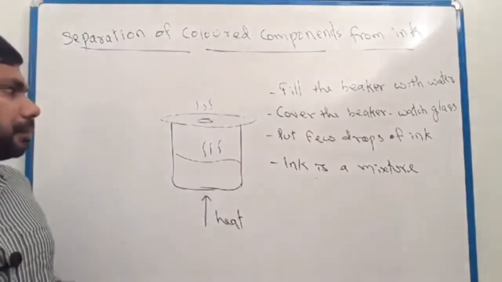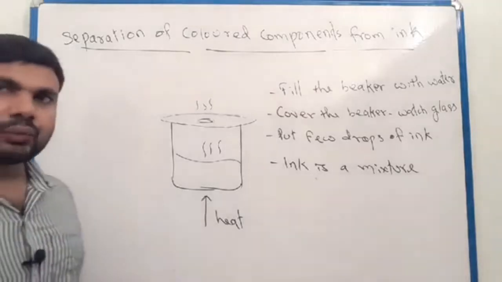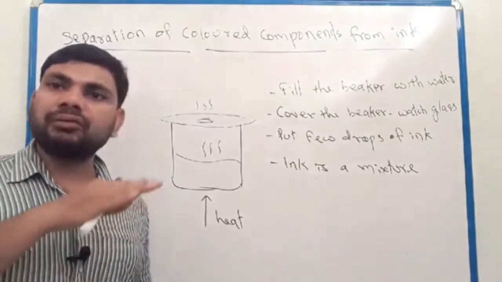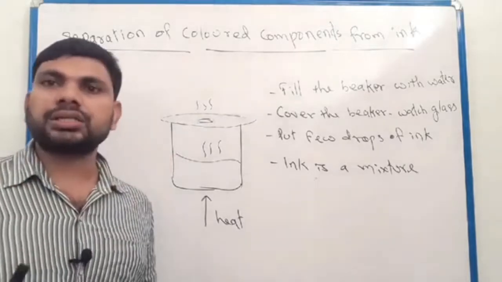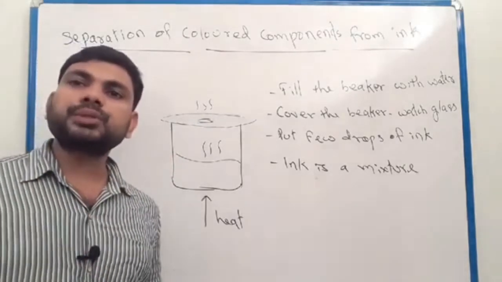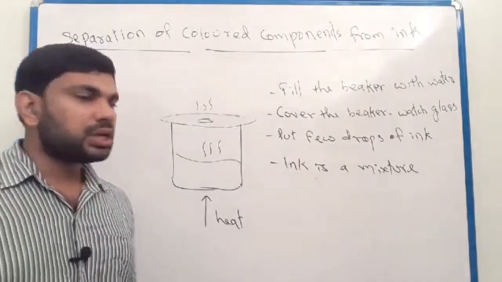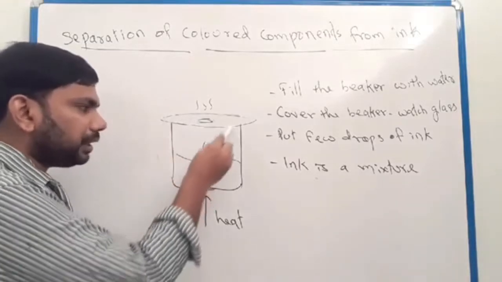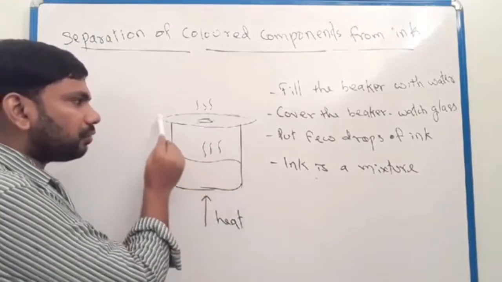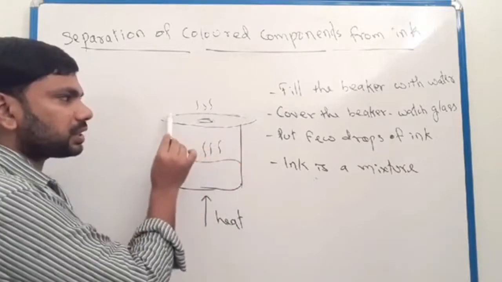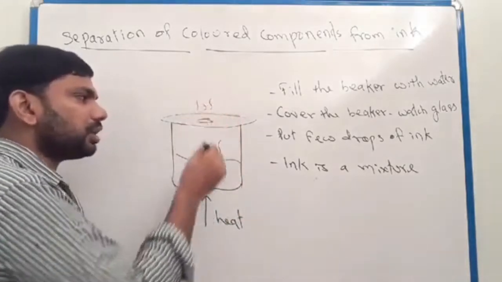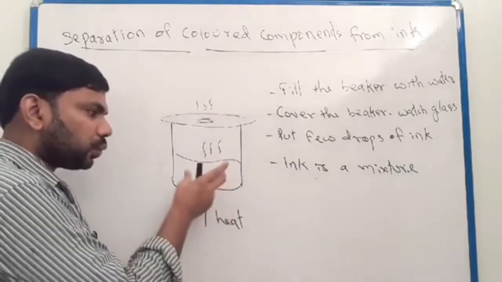For this purpose we have to take a beaker with water and cover the beaker with a watch glass and put a few drops of ink on the watch glass. See here in this diagram, then heat the water.